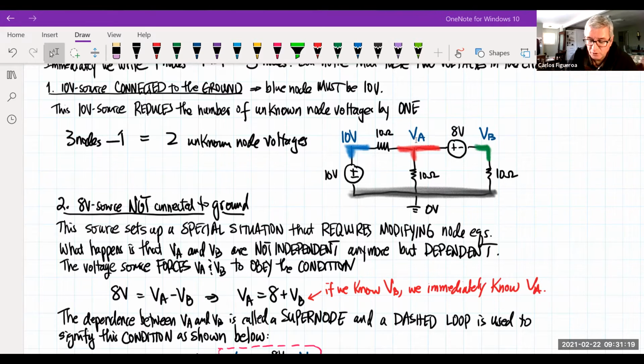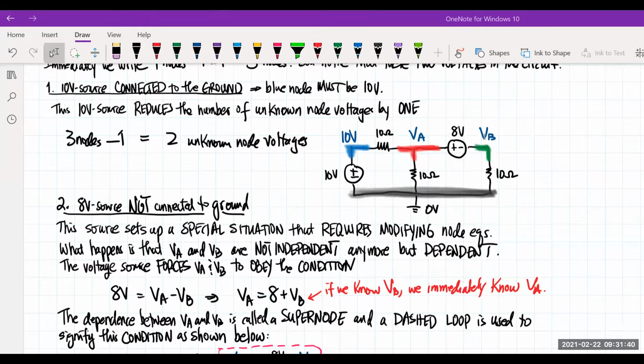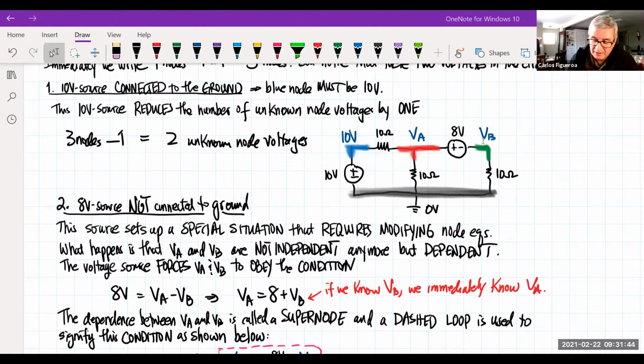So therefore, we don't know VA, we don't know VB. Then I look at the 8 volt source here. That 8 volt source sets up a special situation where VA and VB are not independent anymore. In fact, they're dependent. How do I see this dependence on A and B?